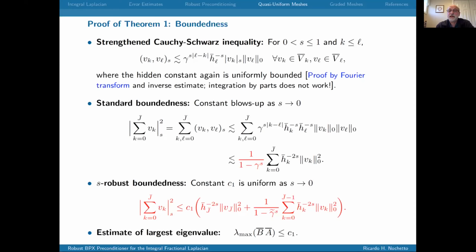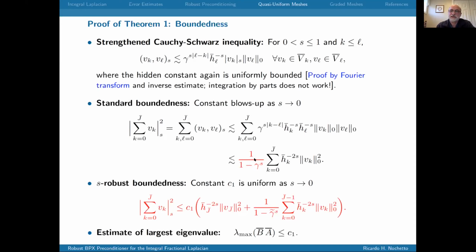So what you see here is a factor that has to do with the spectral radius of the associated matrix with these gammas on the diagonal and going away from the diagonal. So the associated matrix for this inner product, this discrete inner product, is 1 divided by 1 minus gamma to the S, which again shows you that if S goes to 0, this blows up. And that is not the right way to go.